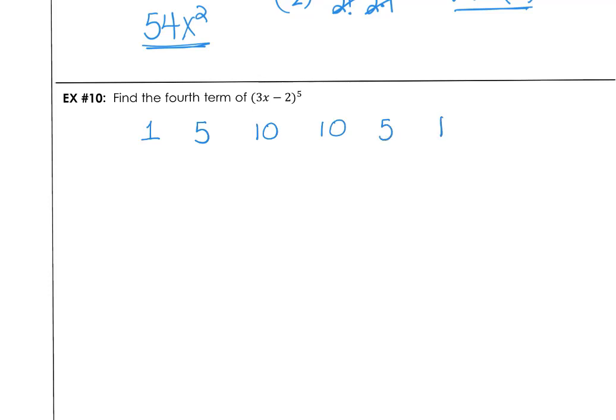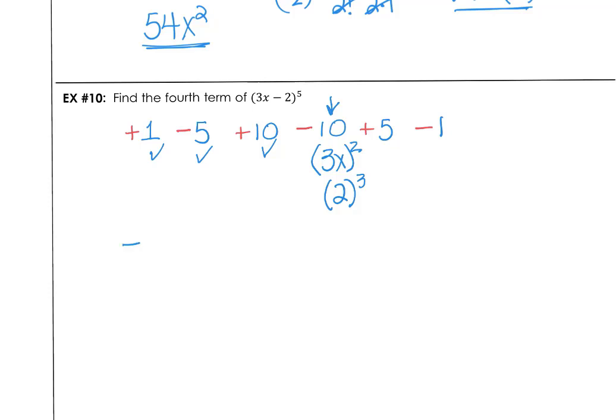So if you prefer that way with subtraction, alternating signs, plus, minus, plus, minus, plus, minus, then our fourth term, 1, 2, 3, 4, is going to be this column, and we've got to go 3x for our A and 2 for our B. So we got to think about this would be power 5, power 4, power 3, power 2, and then the powers have to add up to 5, so this would be 3.